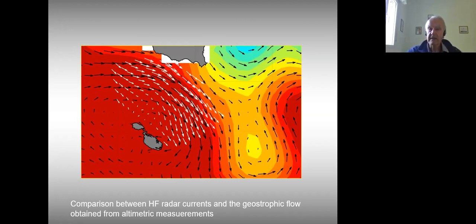And here obviously you don't see the wind data, because the resolution of the wind is larger than this. Here we have a very high resolution on the order of a kilometer, and more or less similar to the resolution by geostrophic calculations. And you can see how they fit very well one to another, HF radar and altimetric geostrophic currents.